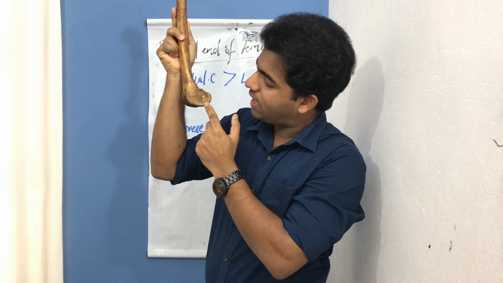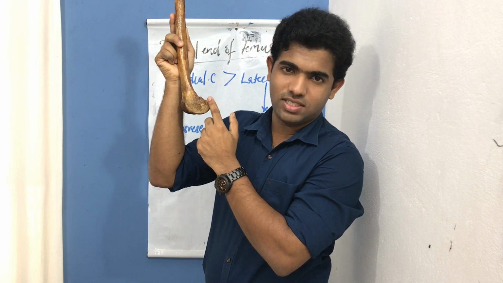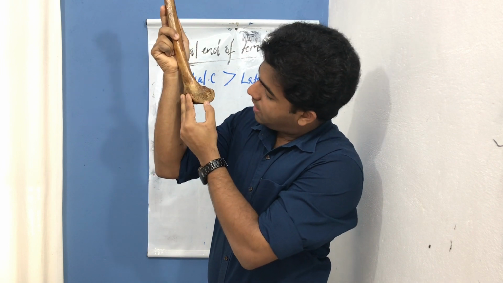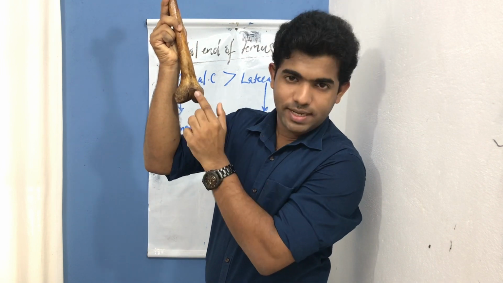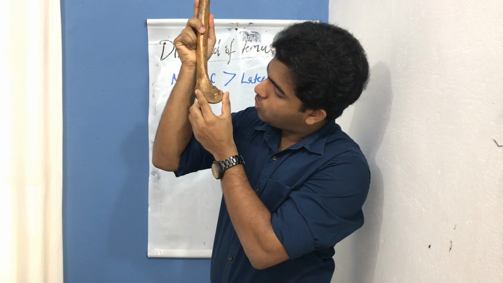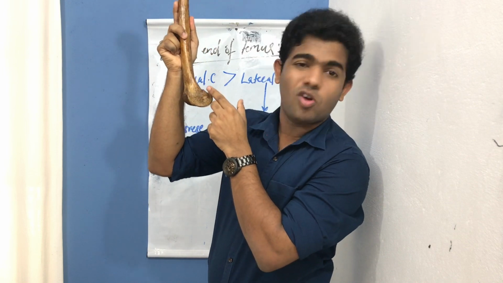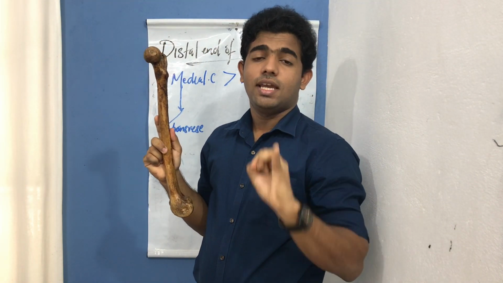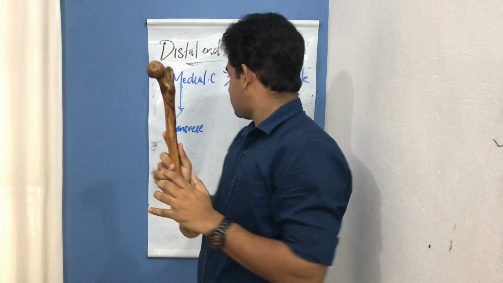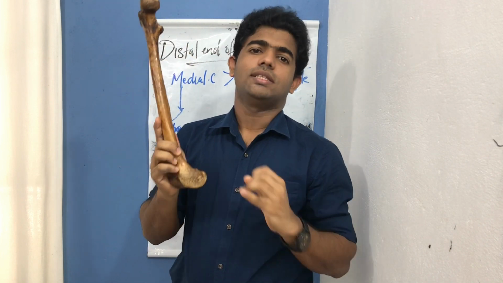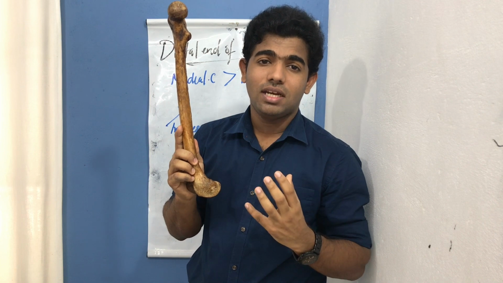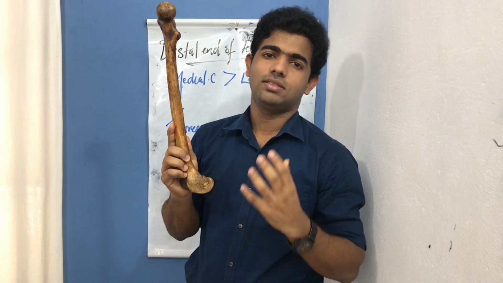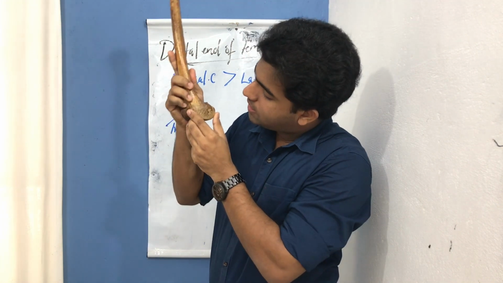You can see that in the lateral view, where it is clearly evident. In the anterior view, it is not that evident, but in the lateral view, they are completely convex.